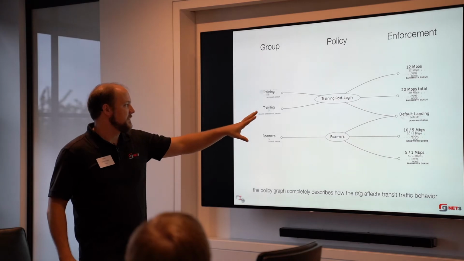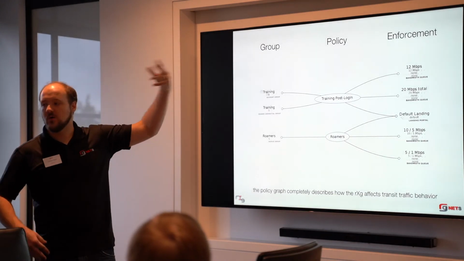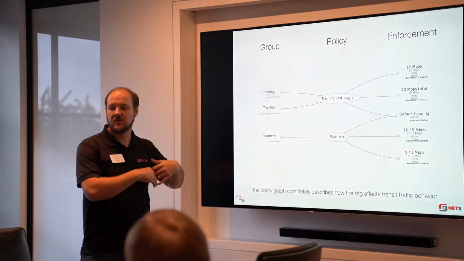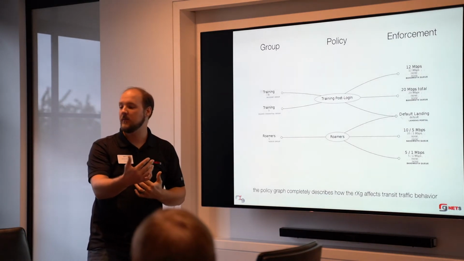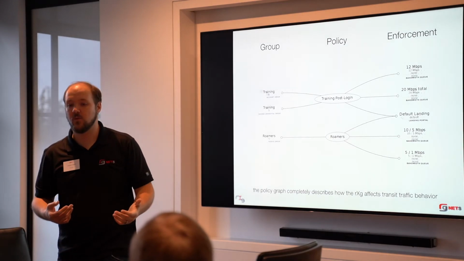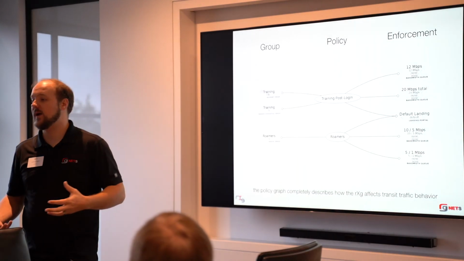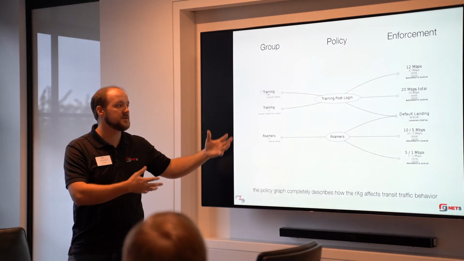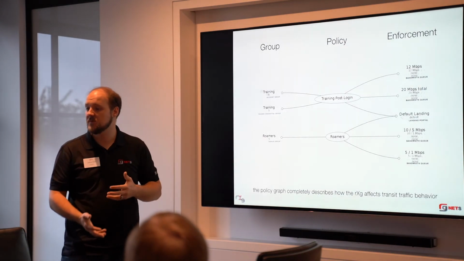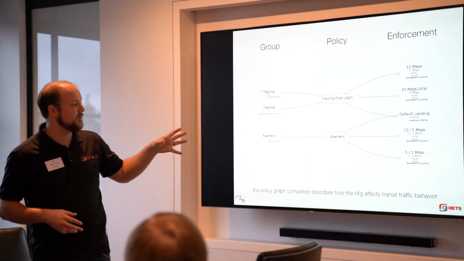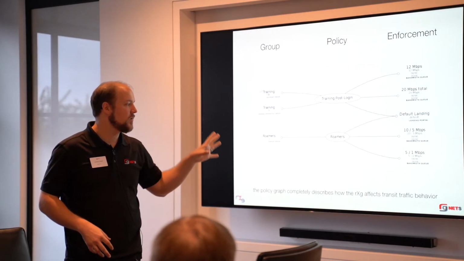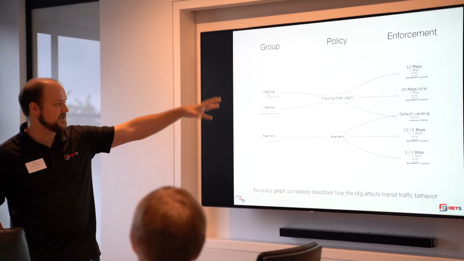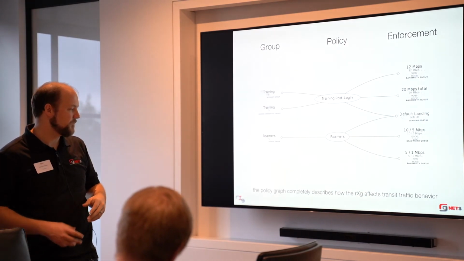So in this graph here, we've just got our post login policies. Basically once we've elevated the person beyond their IP or MAC group, they've gone through the portal, and now we have some other way to identify that user. We've got our post-login policy, which has different types of enforcement. And this is a pretty basic graph again. There's not a whole lot going on here. But again, you can see we've got some traffic shaping happening here.